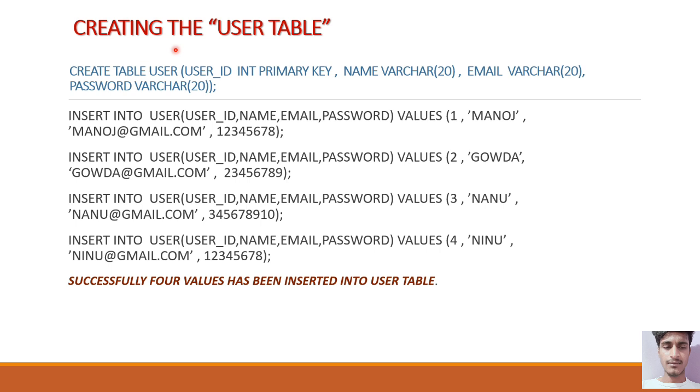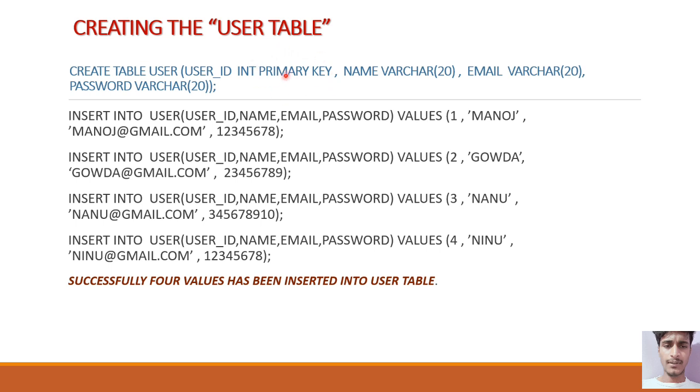This slide is about creating the user table. We use the create table keyword to create the table. Create table is the keyword, and user is the table name. For this table we have columns, that is user ID, name, email, password.